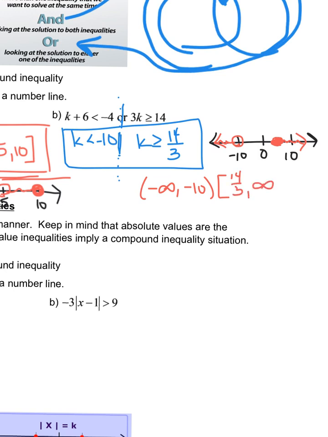It goes to positive infinity forever, which is a parenthesis. So again, we have that standard way of notating our answer. We have our interval notation way of notating our answer. This is super important going up into higher levels of math. You're going to see that a lot more. All right. That was an or situation.